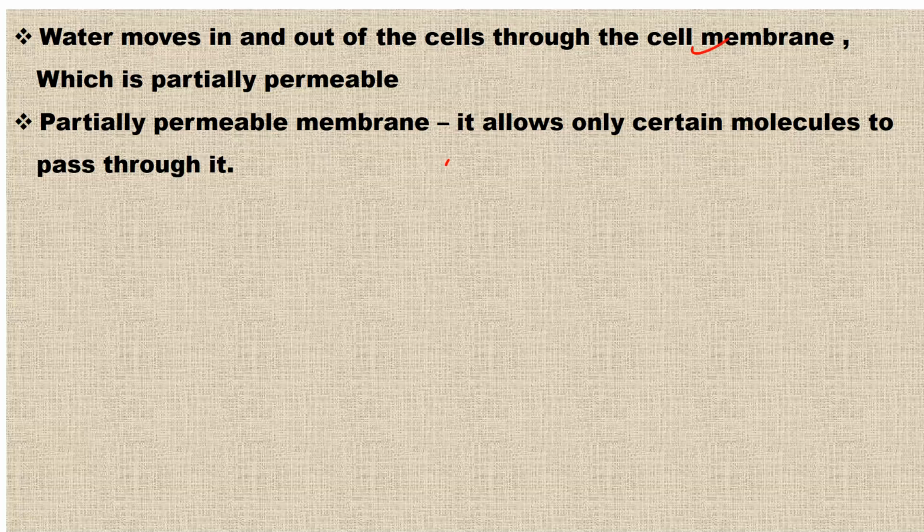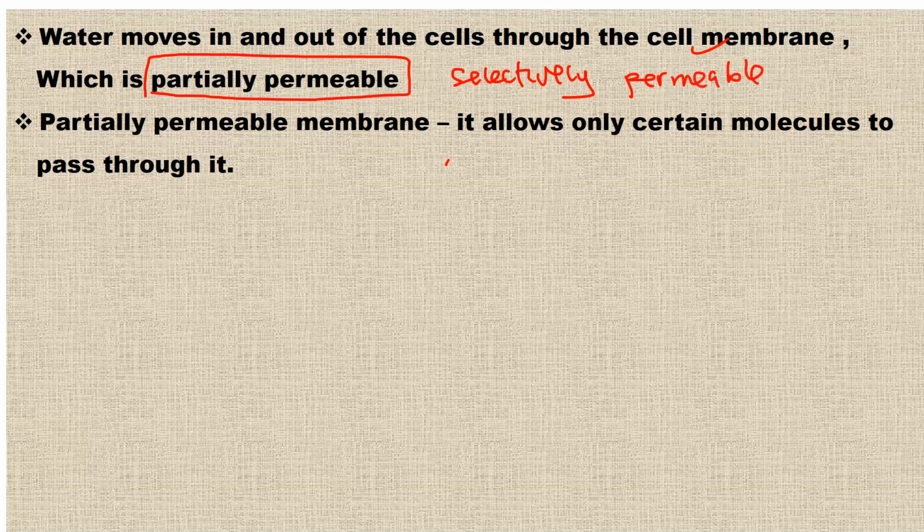This membrane is the partially permeable membrane, or selectively permeable membrane. Now, why is it called partially permeable or selectively permeable? It is because it allows only certain molecules to pass through it, and this is based on size.